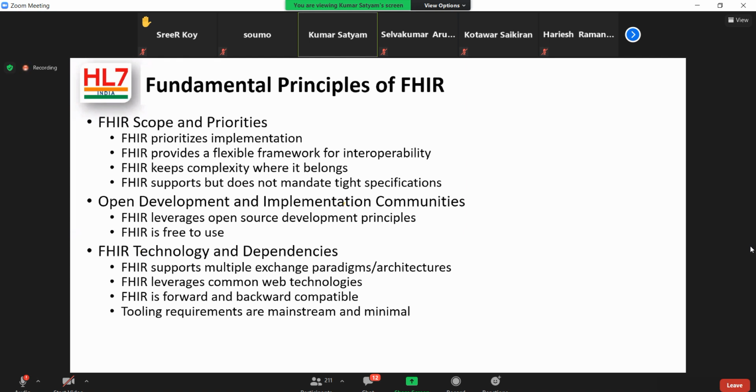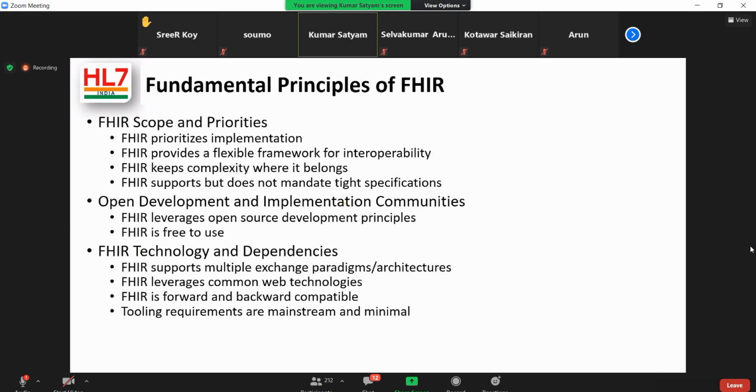And FHIR technologies and dependencies, if you see, it supports multiple paradigms. It supports common web technologies, backward compatible, and the tooling requirements are minimum and mainstream. What it means is it's not going to use something which is very, very niche, right? It tries to stick to something which is very mainstream, so that there is no cost associated, and there is a large talent pool of people who actually understand that particular tooling.